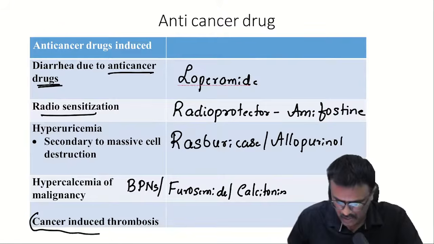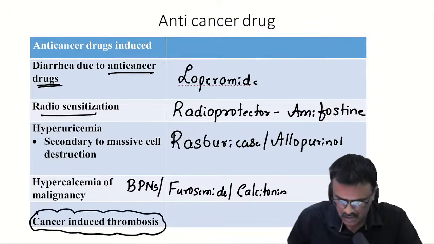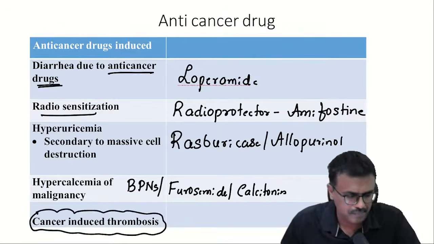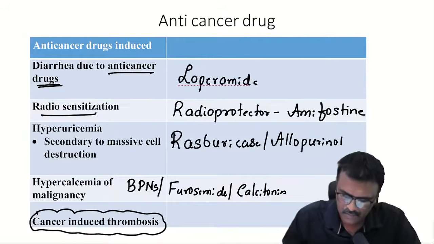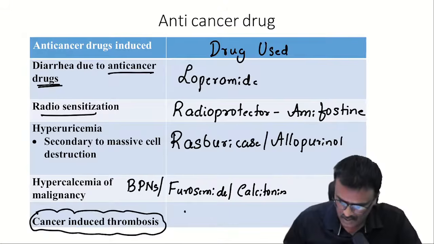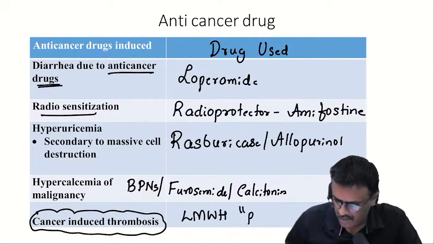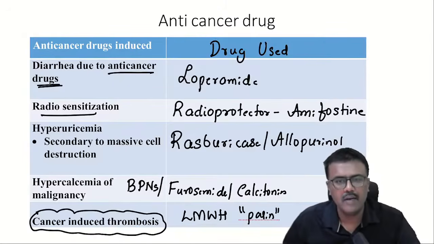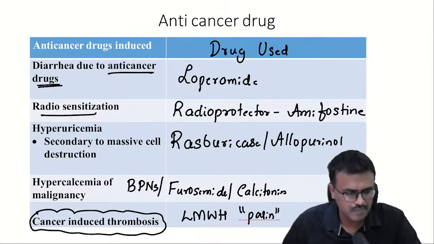This is also a NEET PG question. What is the drug of choice? Yes, it is low molecular weight heparin. How do you identify them? They all end with parin. Enoxaparin, dalteparin, nadroparin, they are used.